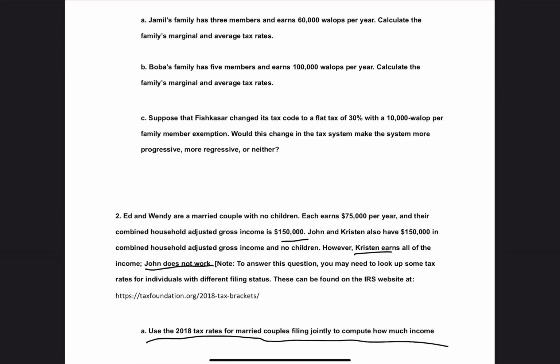In exercise 2, we are confronted with an actual tax bracket from the US in the year 2018, and we consider two different married couples in the sense that they differ not in the total income that they earn, but in the composition of the income that they're earning.